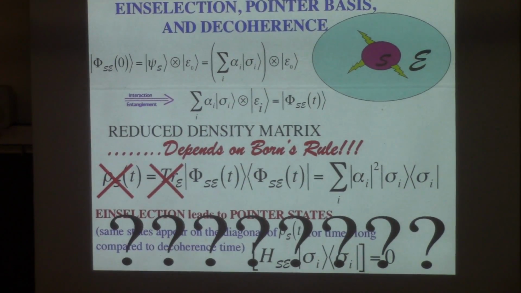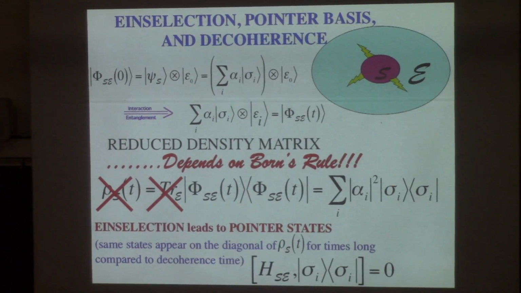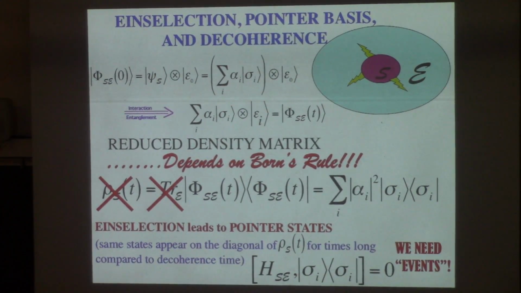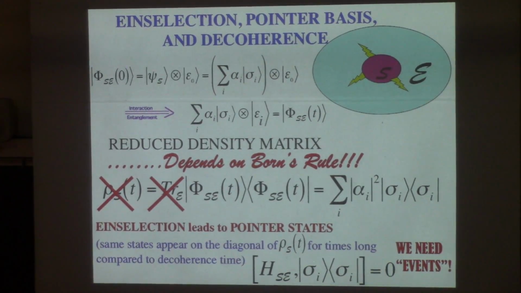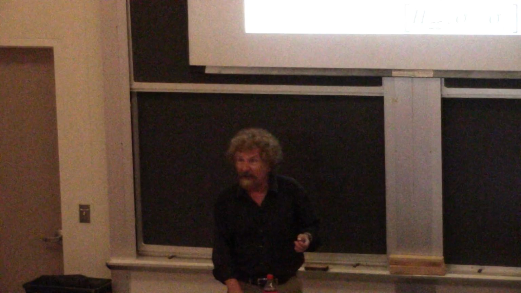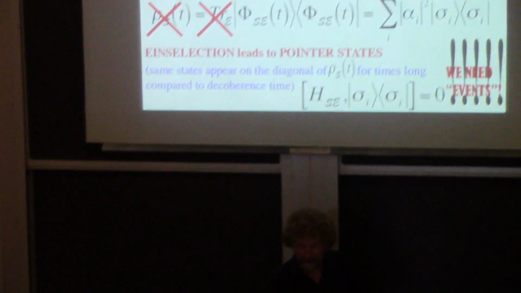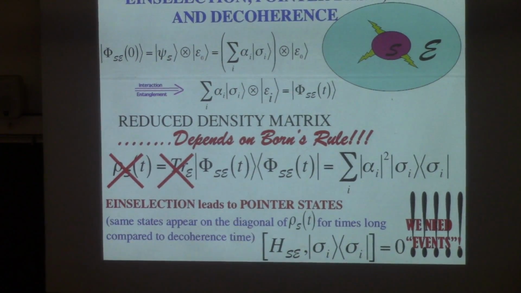So all of this nice stuff about states commuting with interaction and so on should be questioned, and the big thing that we need is maths. We need somehow to know what things can happen. So let's see what we can do about it.